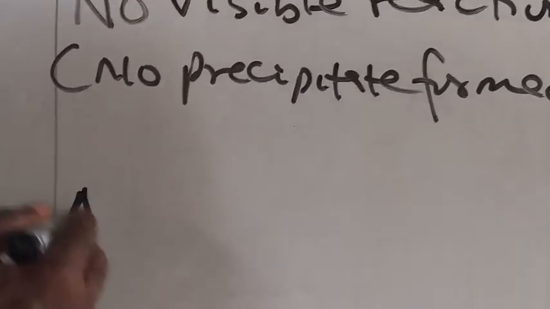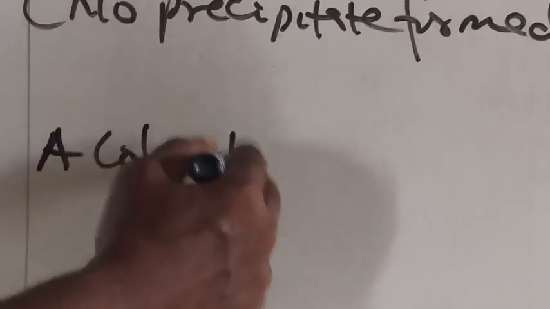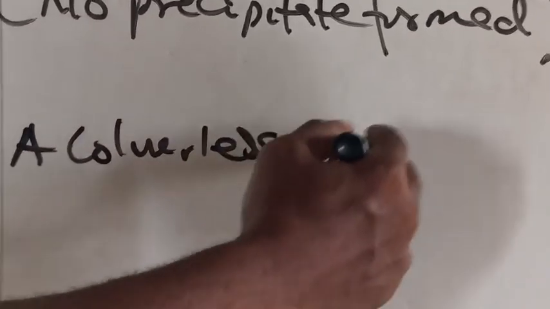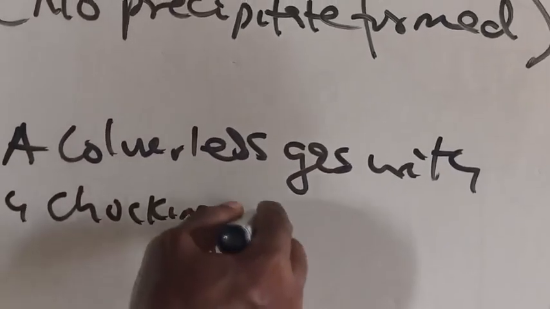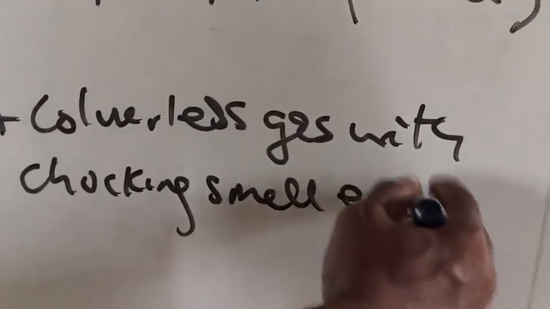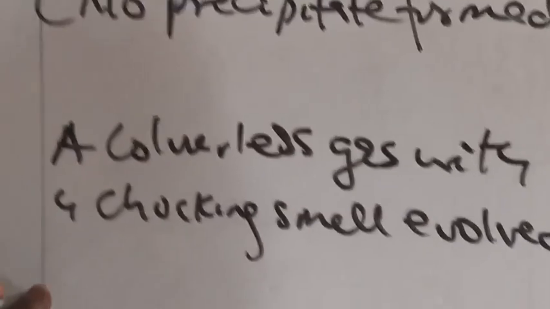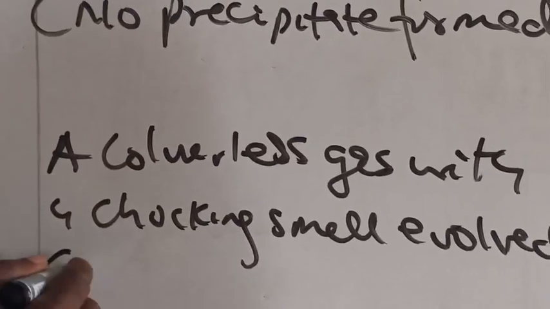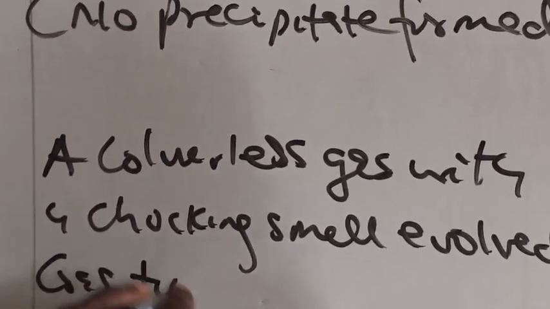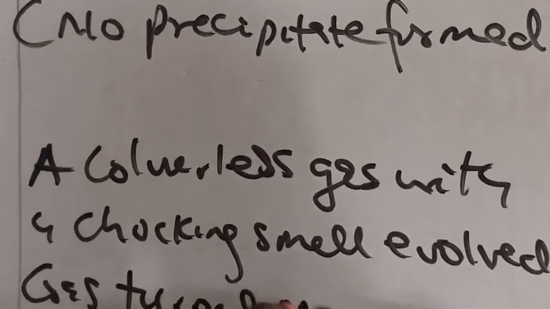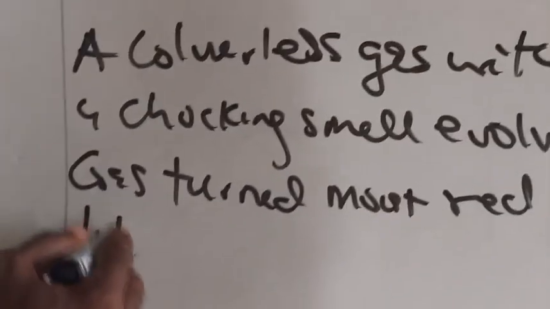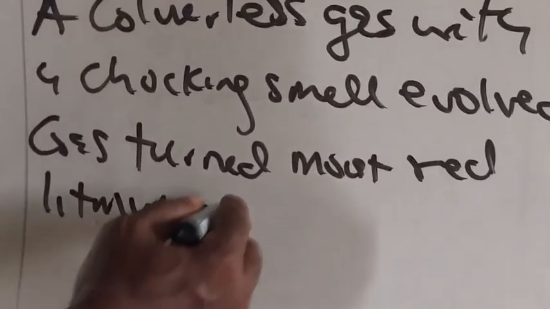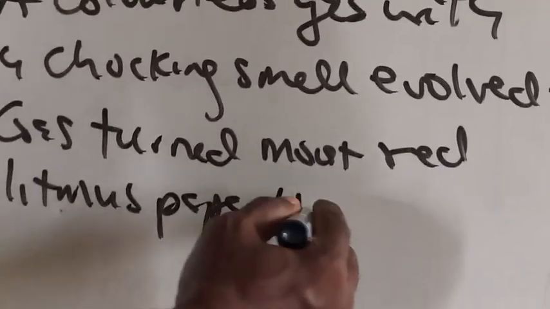Say a colorless gas with a choking odor or smell evolved. Then gas turned moist red litmus paper blue.